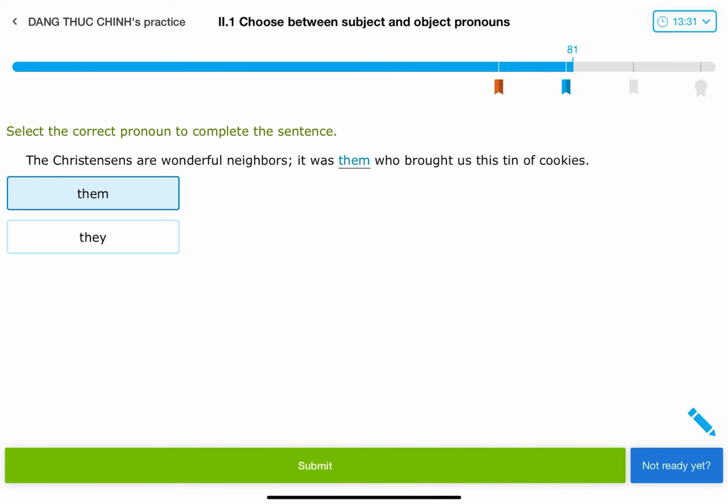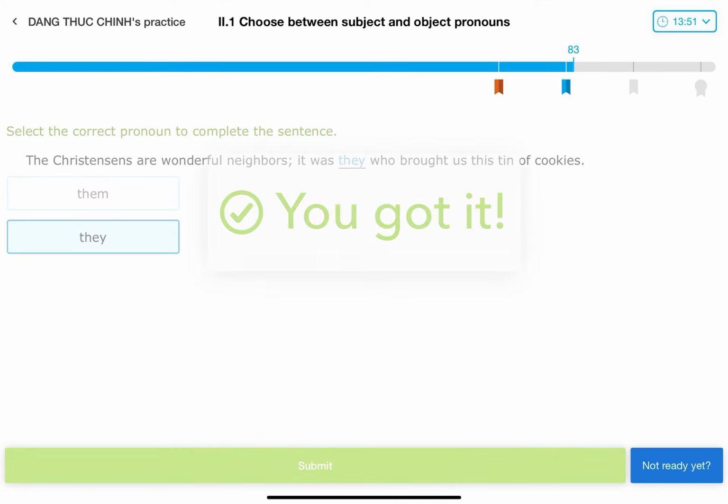"Was" is neither an action verb nor a preposition, so I don't think it would be an object pronoun, and I think it would be a subject pronoun, because it is telling us the subject, that they, the Christensens, brought us this tin of cookies. So I think it would be "they."